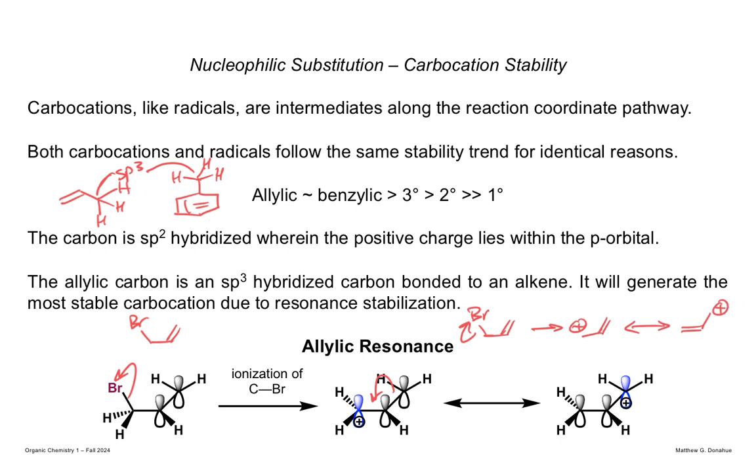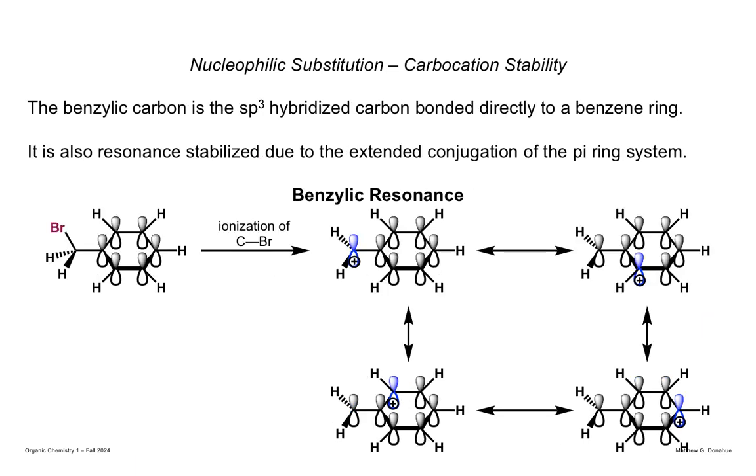So again, keep in mind that resonance really is overall one picture of the molecule informing you where you would see those plus charges. So carbons 1 and 3 of that subunit are going to have electron deficiency. And again, this was the benzylic carbon.